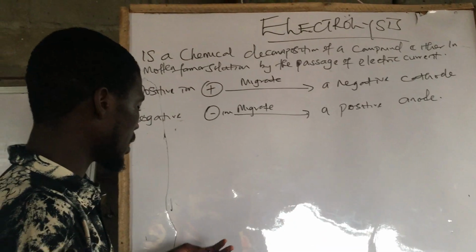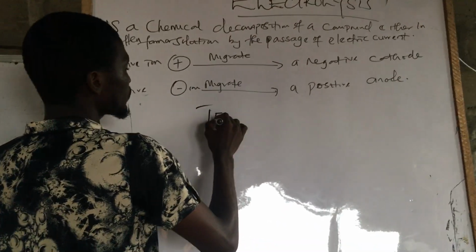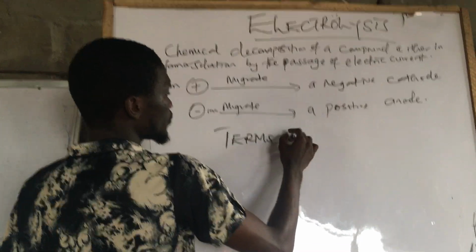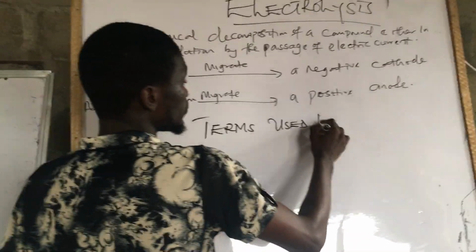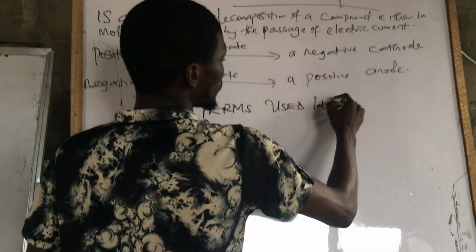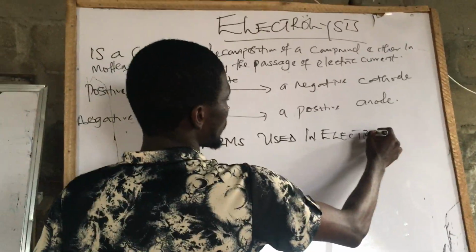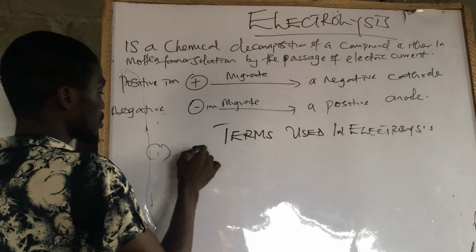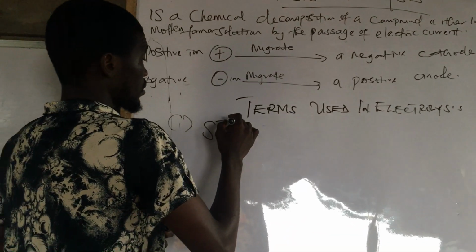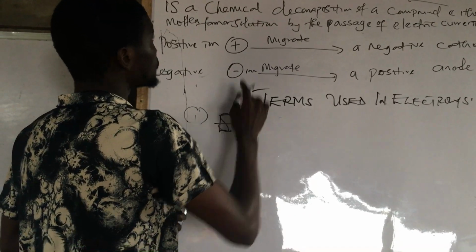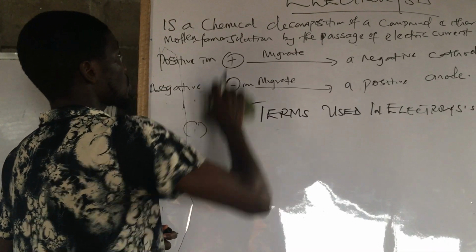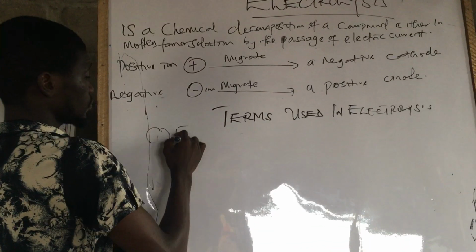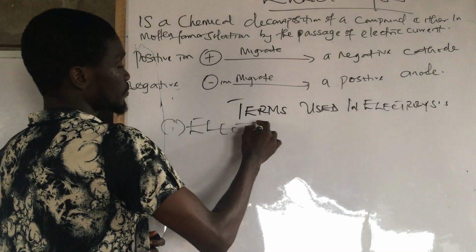So now, the terms used in electrolysis. The first one is electrolytes.